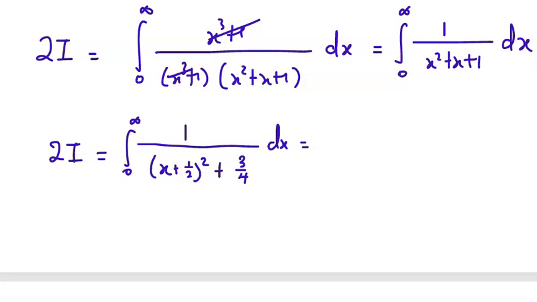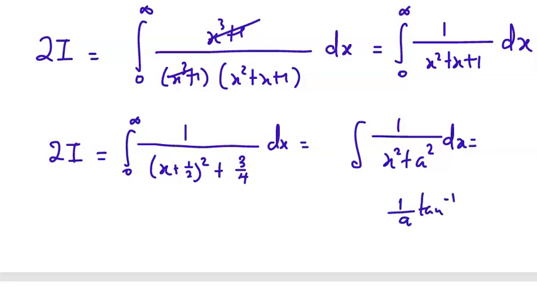So what can we do? Let's recall that the integral of 1 over x squared plus a squared dx is equal to 1 over a multiplied by the inverse tangent of x divided by a plus c. So we need this denominator to look like this, x squared plus something squared.